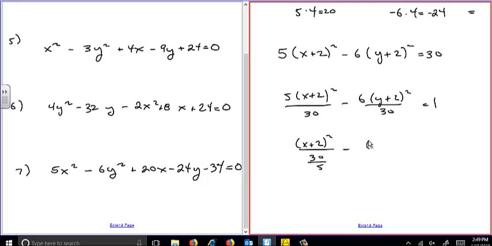And here we get 30 over 6. And finally, you can simplify these. So you get x plus 2 squared over 6 plus minus y plus 2 squared over 5 equals 1.